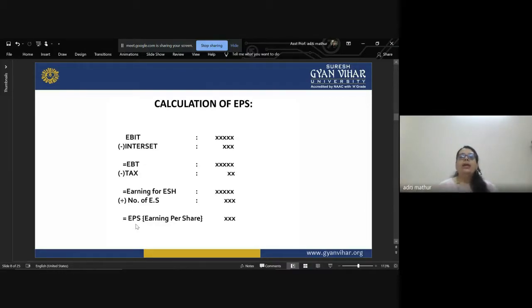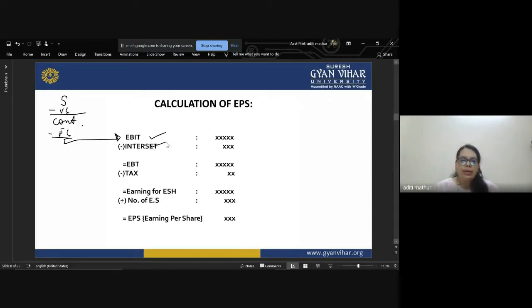Now, how to calculate your EPS? Sales minus variable cost gives contribution. Then you deduct your fixed cost and you get your EBIT. From this EBIT, first you pay your interest, right?